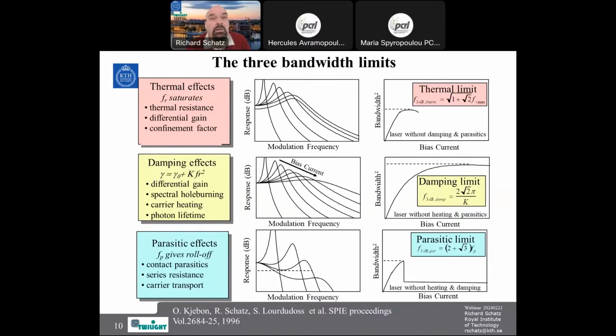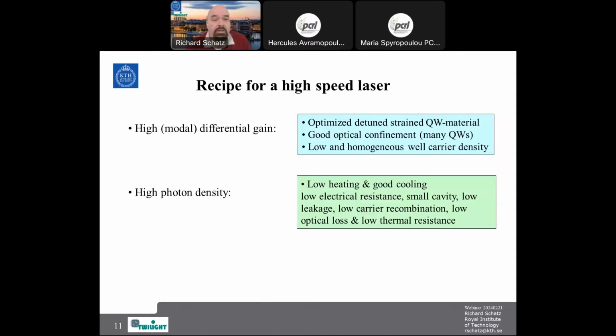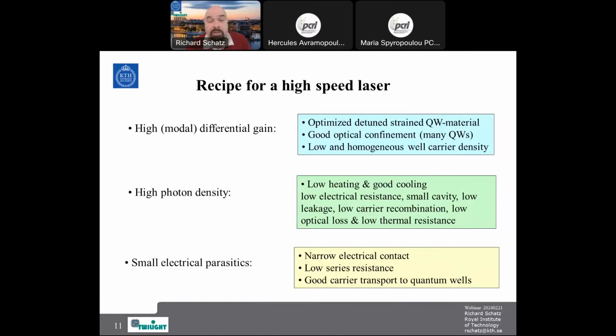So we can say the recipe for a high-speed laser is to have a high modal differential gain to get a good D factor, a high photon density, and in order to get that, you need to have low heating and good cooling, and small electrical parasitics. That means you should optimize your electrical contact and also make sure that the series resistance and carrier transport to your wells are optimized.